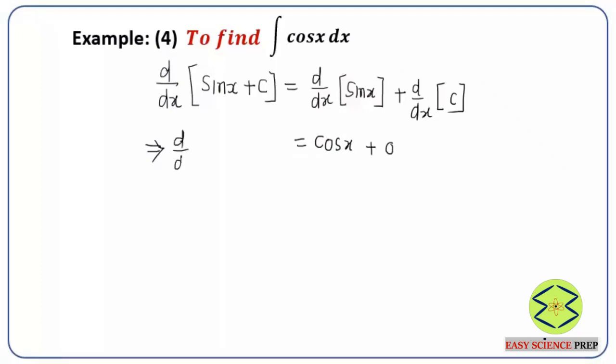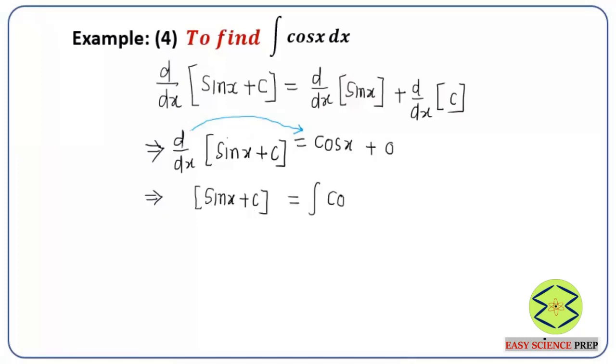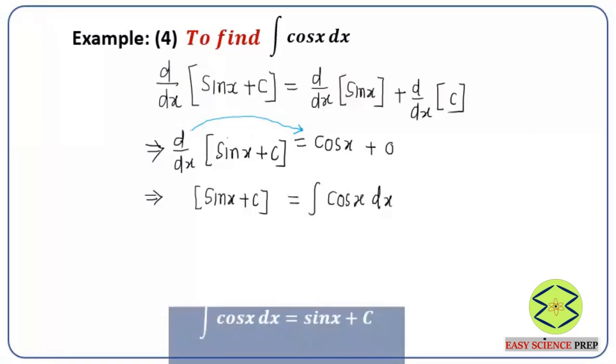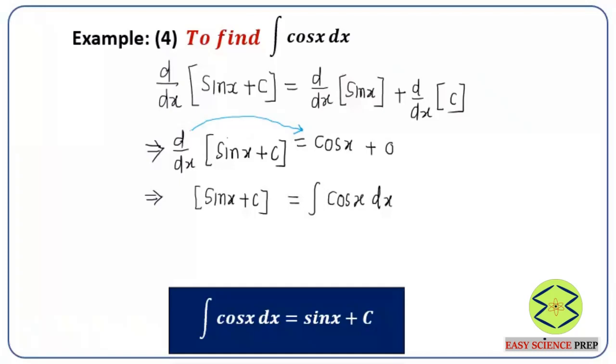So you get derivative of sin x plus c is going to be cos x plus 0. Now if I bring this derivative from left hand side to right hand side and apply on this cos x, it will become integration. So you will get from here that sin x plus c is nothing but the integration of cos x with respect to x. So we can write down finally the integration of cos x is sin x plus c.